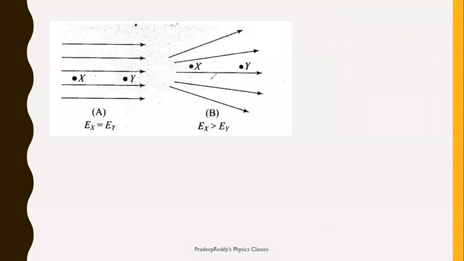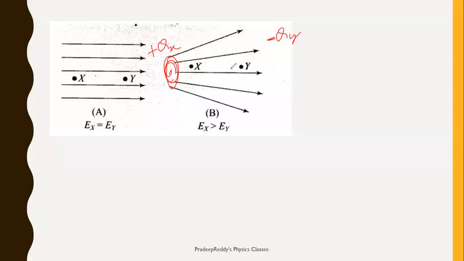And one more thing here, see, field lines are starting from this position, they are going away outward. Therefore, here if you consider QX and here QY, QX is positive because field lines are starting from this position, and QY is negative because field lines are ending at this particular point.